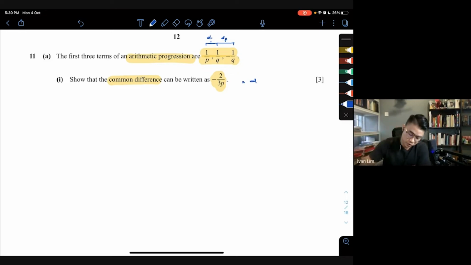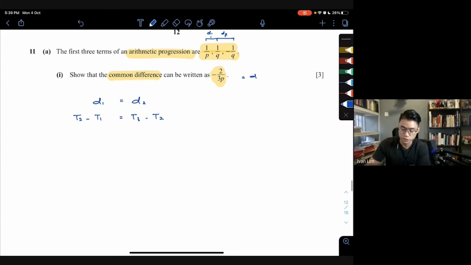Okay, so we can use this, that D1 equals D2, which means term 2 minus term 1 equals term 3 minus term 2. You can write it as U, so it's up to you.